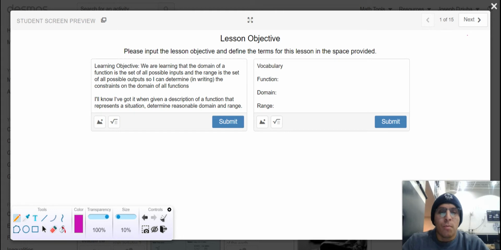We're going to go back and revisit the topic of domain to ensure that we have a firm grasp on what that entails. So today we're going to be learning that the domain of a function is a set of all possible inputs, and the range is a set of all possible outputs, so I can determine in writing the constraints on the domain of all functions. I'll know I've got it when, given a description of a function that represents a situation, I can determine reasonable domain and range.